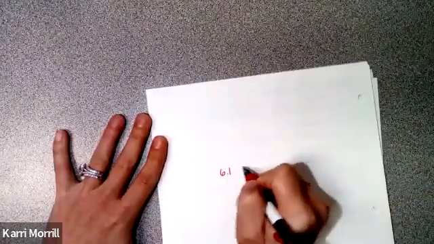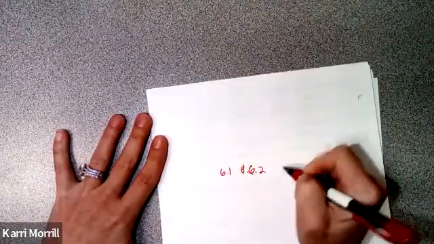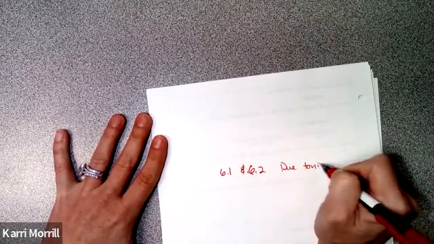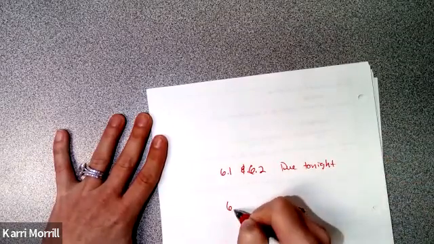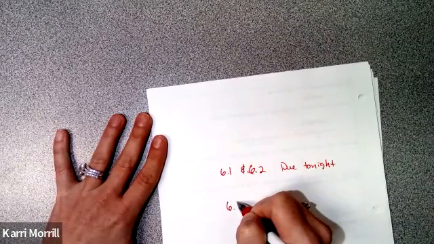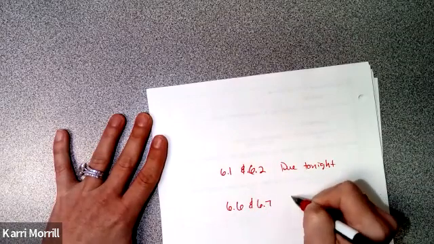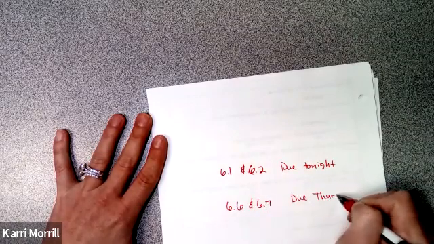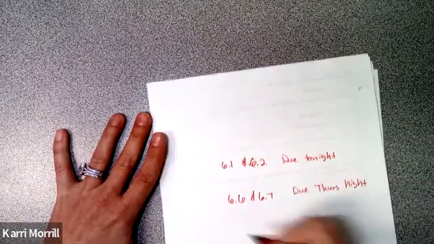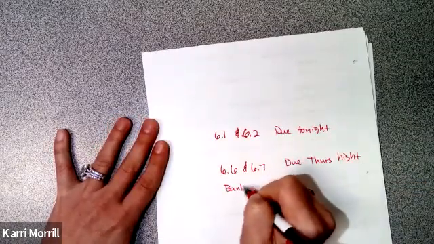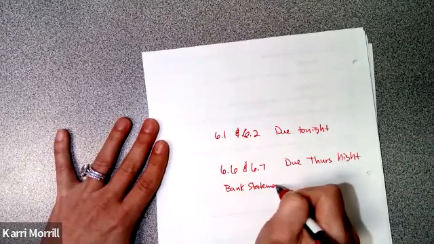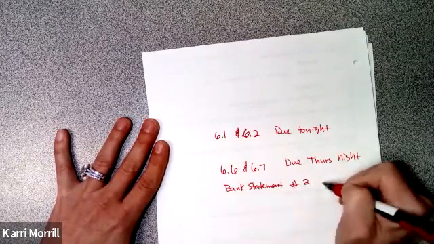So on WebAssign, what's due today is your 6.1 and 6.2. So tonight, 6.1 and 6.2 is due tonight. 6 and 6.7 will be due Thursday night with the bank statement number 2 to the Dropbox Thursday night.